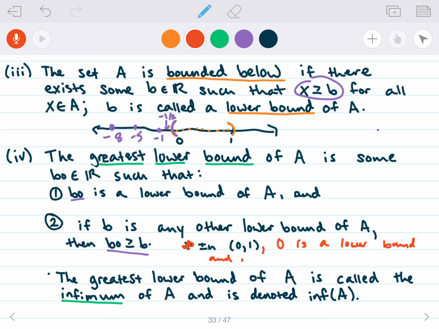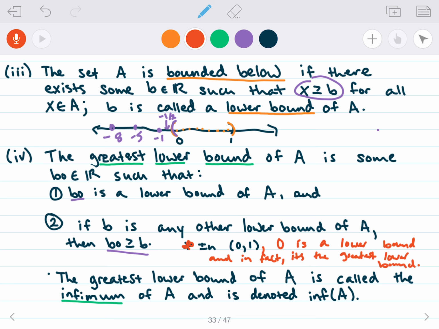And in fact, it's the greatest lower bound. Right? You cannot pick something larger than 0 so that everything else in the set is bigger than or equal to it, right?